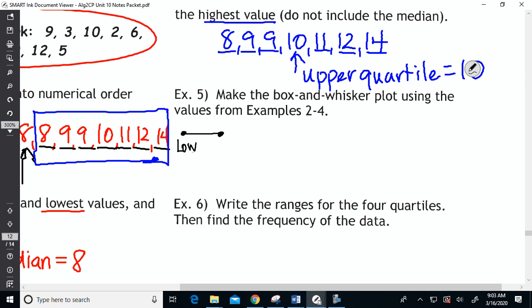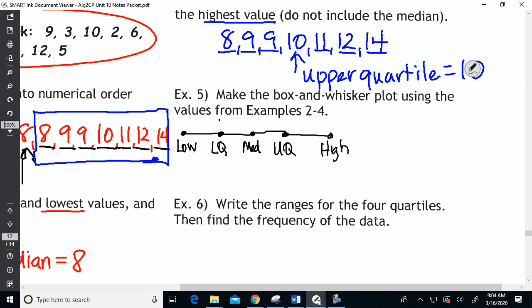The next point would be your lower quartile. Next point would be your median. Next point would be your upper quartile. And the last point would be your high value. So it's only using those 5 numbers.